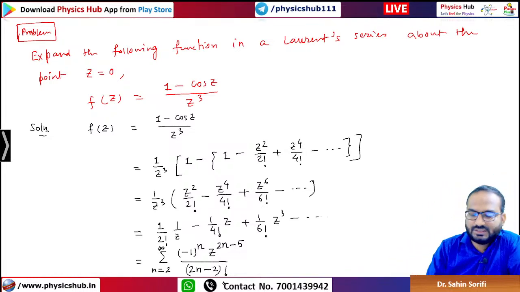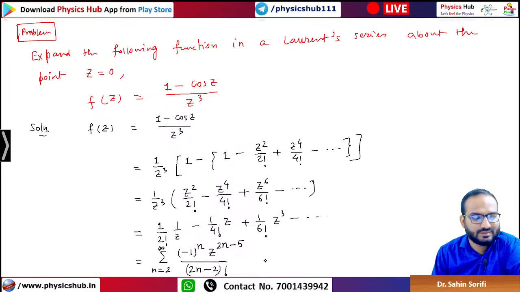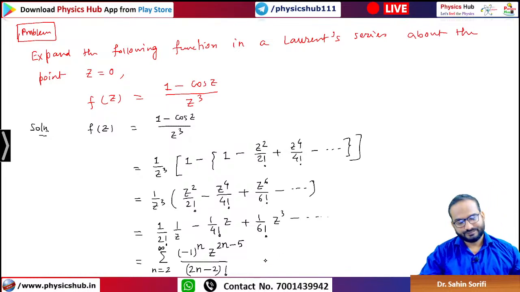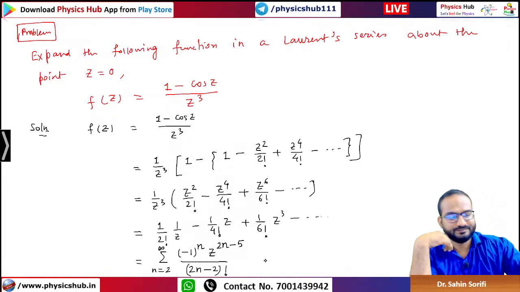Let's take the second term, n equals 3: z to the power 2 into 3 minus 5, divided by (2 into 3 minus 2) factorial, 6 minus 2, 4 factorial, and it will be satisfied. Clear this one?